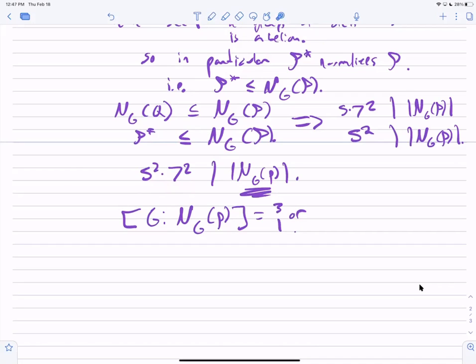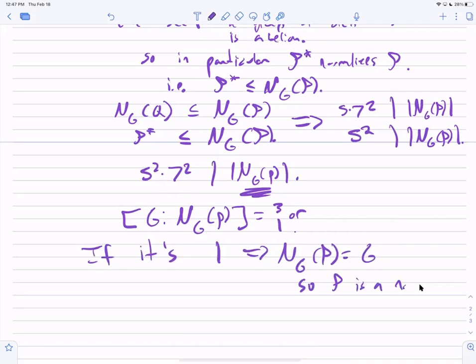So maybe this was really everything, or maybe not. If it's 1, then the normalizer in G of P is equal to G, so P is a normal subgroup. That's another way of saying you're a normal subgroup: your normalizer is the whole group.